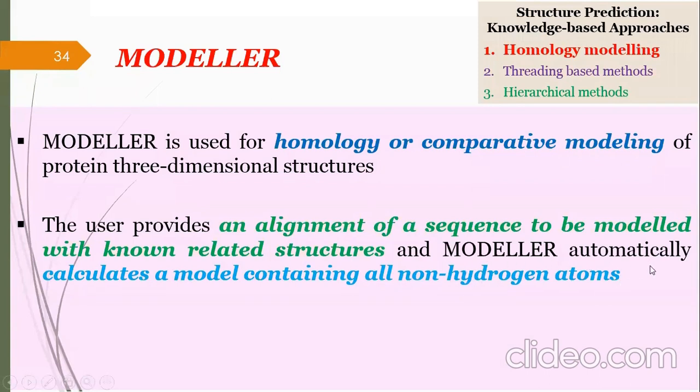So it will calculate the structure that contains all the bonds and atoms except हाइड्रोजन. सो हाइड्रोजन नहीं होंगे, बाकी सारे जो बॉन्ड्स हैं, एलिमेंट्स हैं, वो उसमें मौजूद होंगे. And for detail, you can click on this site and it will take you through the Modeller site. ठीक है, तो ये Modeller का website है.